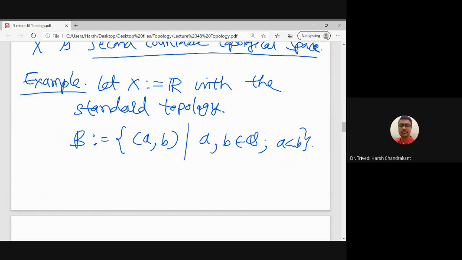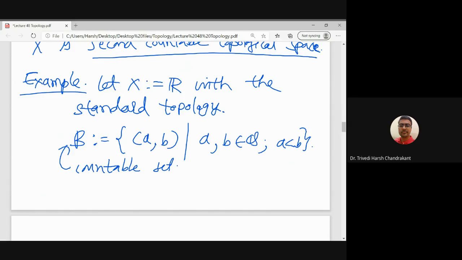The question is whether this is a basis for the standard topology or not. Certainly this is a countable set. So if we can show that this is a basis for the topology, first of all, that it is a basis, that we need to check, and second, that it generates the same topology, which is the standard topology.